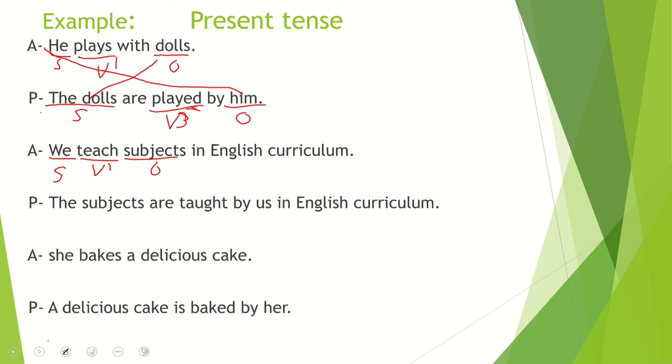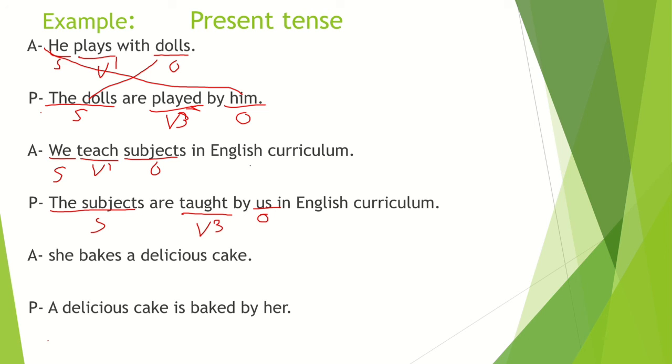Now the object comes to the place of subject, which becomes subject over here, and we comes to the place of object. Now our main verb we should write in the third form of the verb, that is teach, taught, taught. So the subject is plural. So I have written here, the subjects are taught by us in English curriculum.